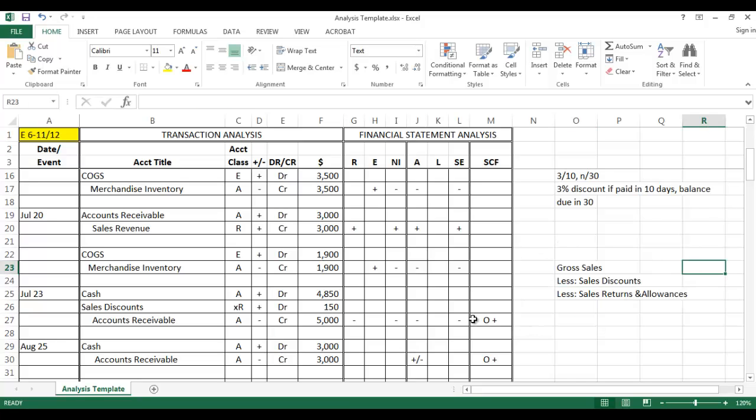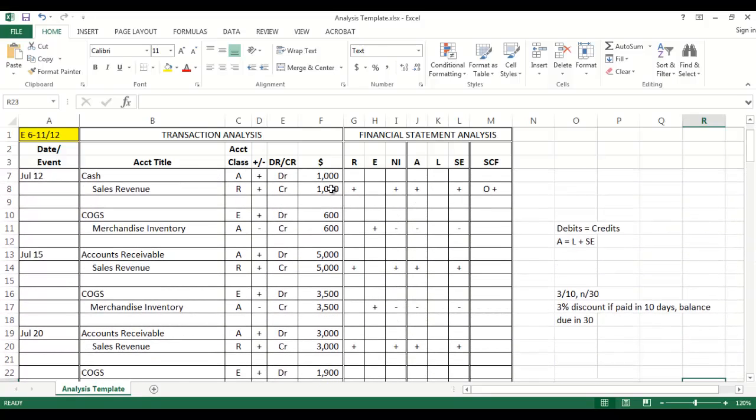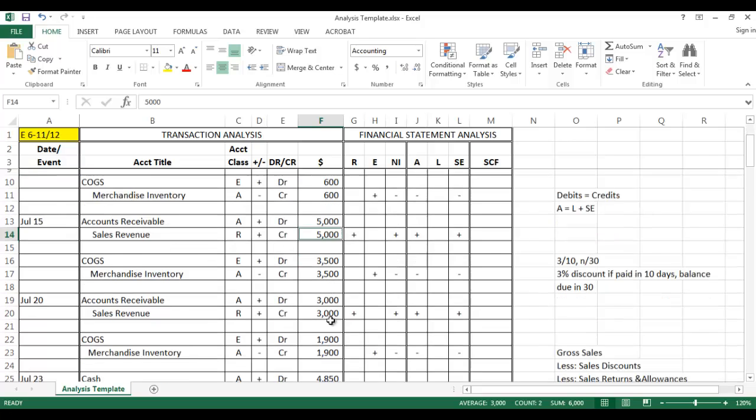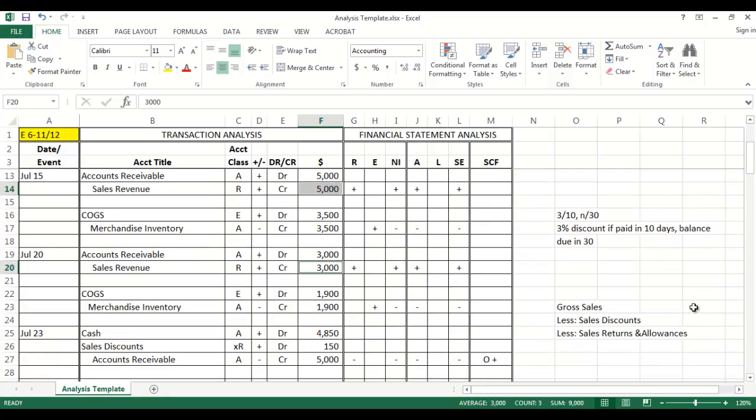So in gross sales, we had a total of how much? Well, we had 3 separate sales here. $1,000, $5,000, and $3,000. So that's a total of $9,000. We had sales discounts of $150, and we had no returns and allowances.